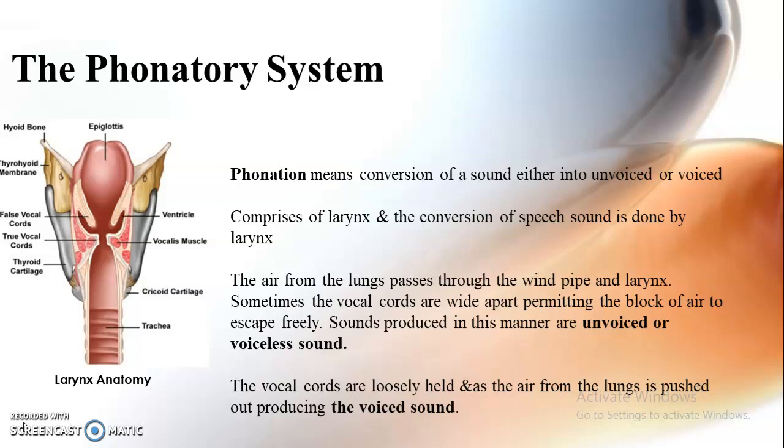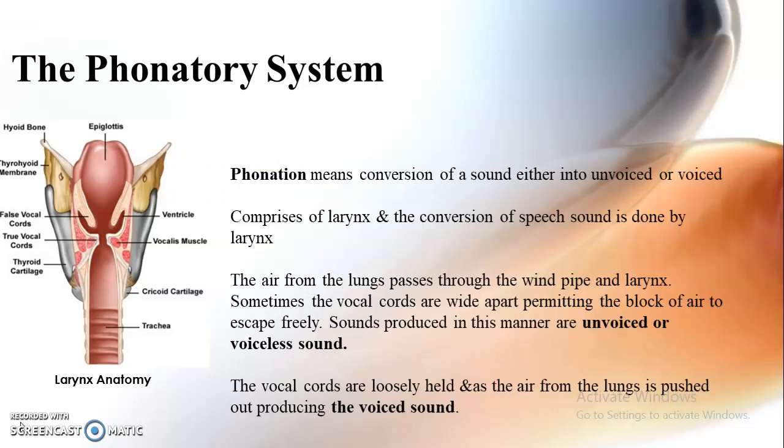Whereas you have voiced sounds like b, d, g, w. All the vowel sounds of English are voiced sounds. That is, the vocal cords are placed very close and the vocal cords vibrate.